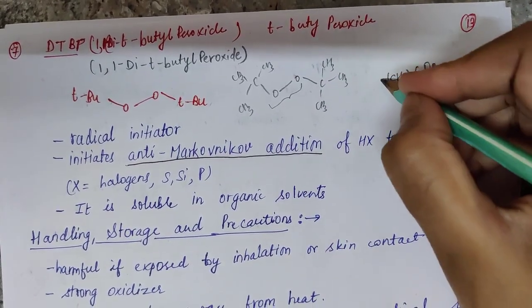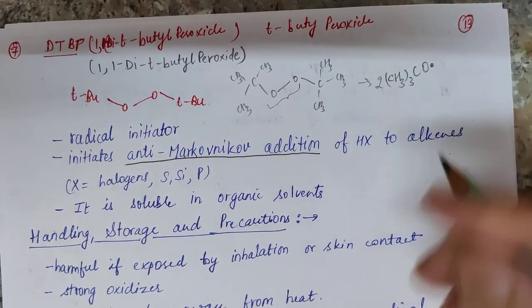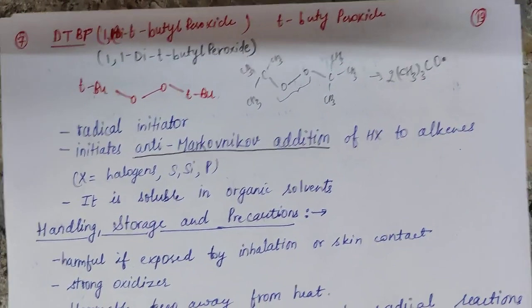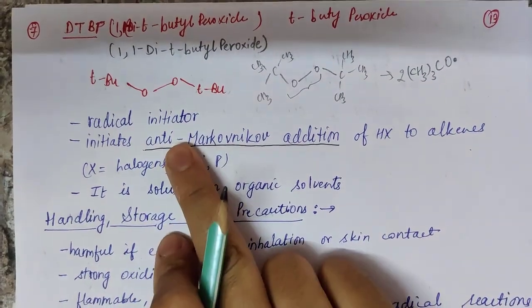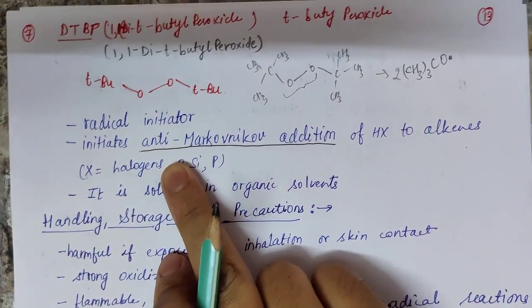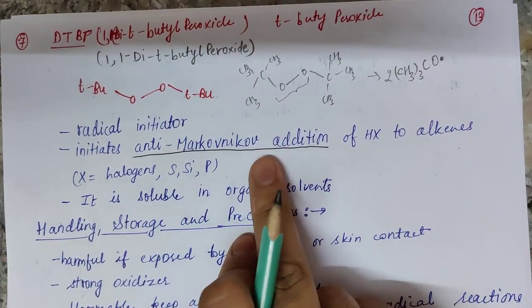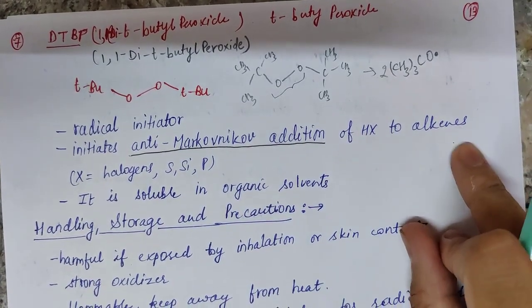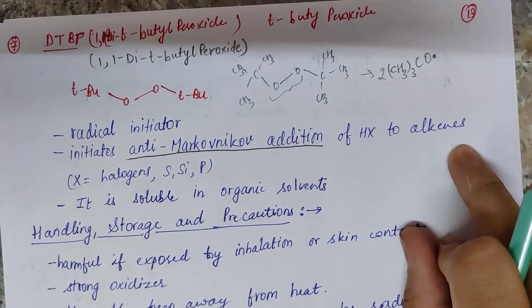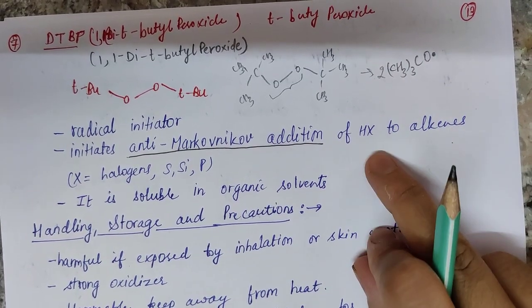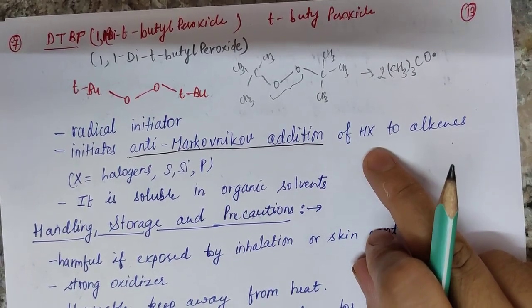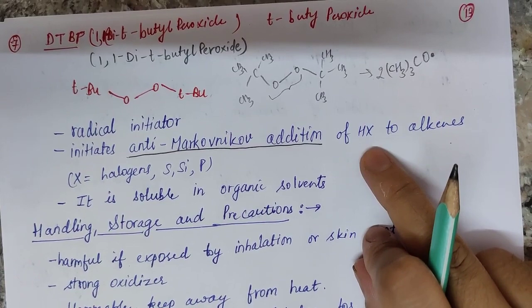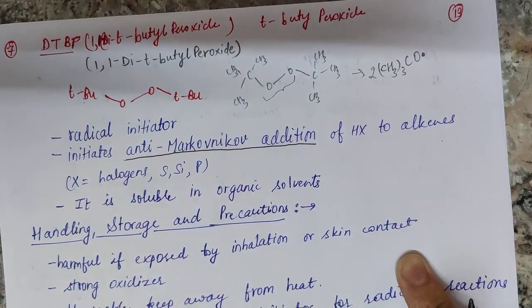So it's a radical initiator. It initiates anti-Markovnikov addition of HX to alkenes. Now what could be the X? X could be halogens, sulfur, silicon or phosphorus.